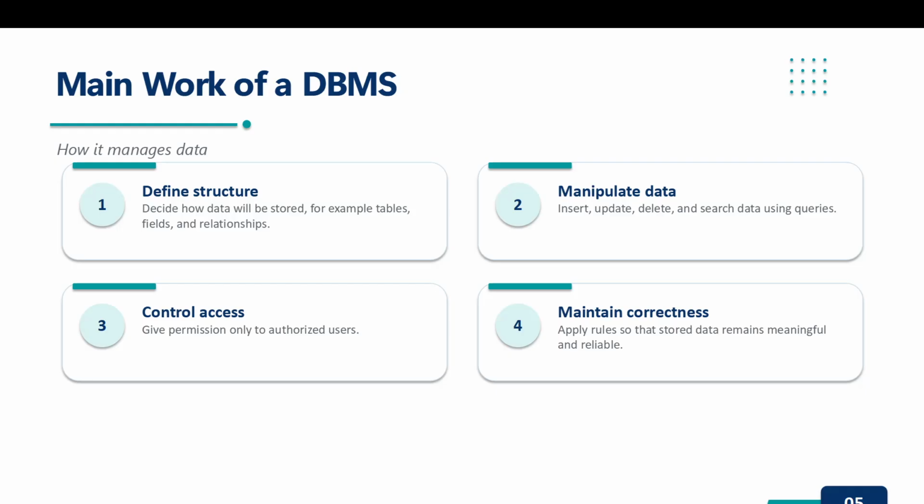For example, inserting new records, deleting old records, modifying an existing record, and searching for specific records. So, in simple words, DBMS helps us store, arrange, access, and modify data in a systematic way.